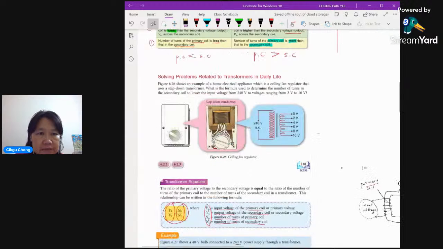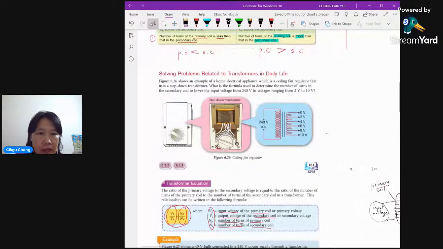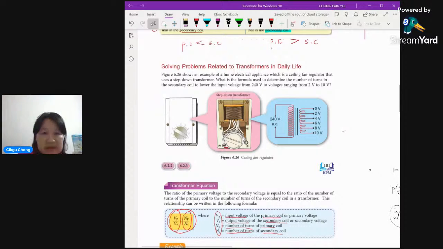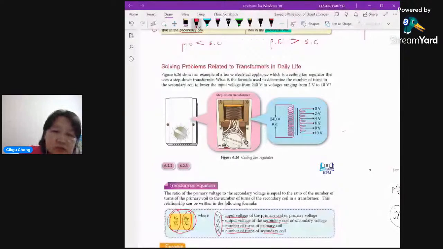This is the regulator of the fan, our ceiling fan. The current that comes in, of course, runs on the mains from the TNB, right? So this is 240 volts. This is the AC, this is the input. How do you control the speed of the fan? Actually, you change the voltage.